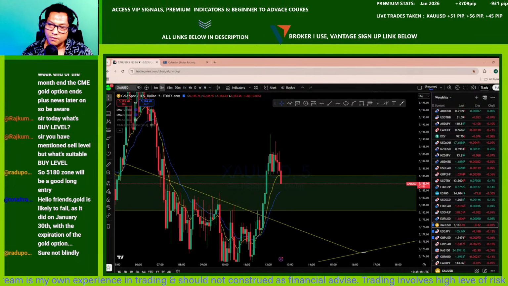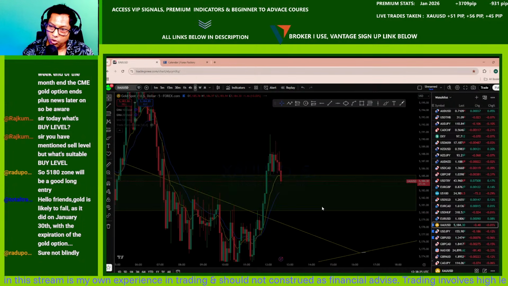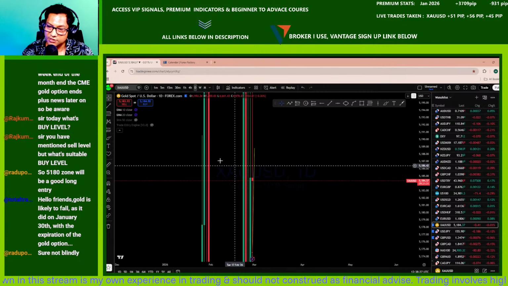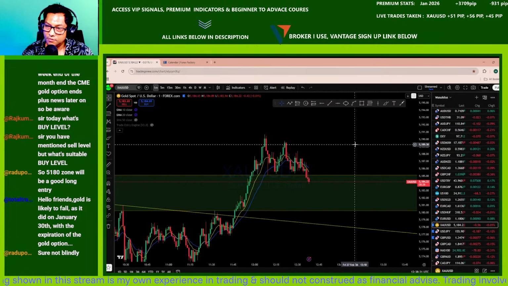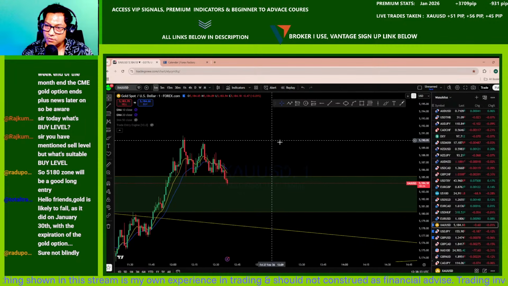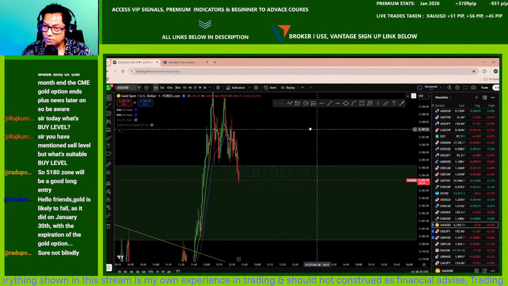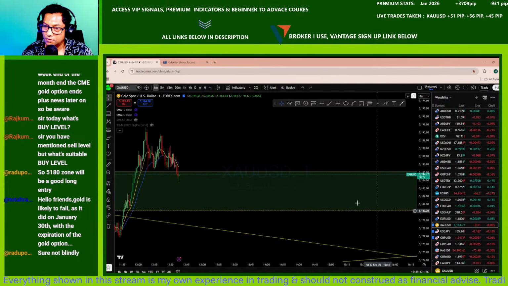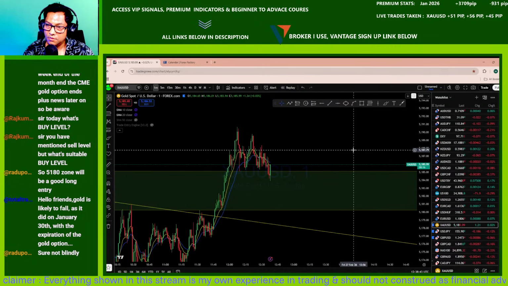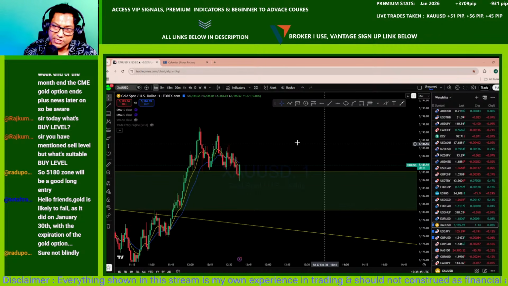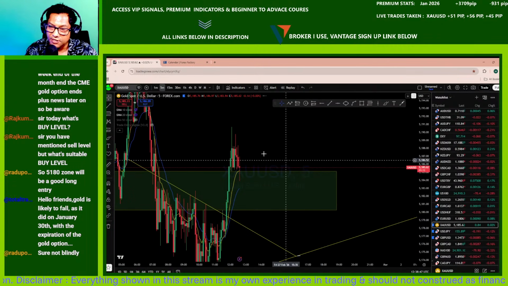So you can see that break below, and it's coming to the daily low here. It's just the daily support. Okay, you can see some break above here in that area.